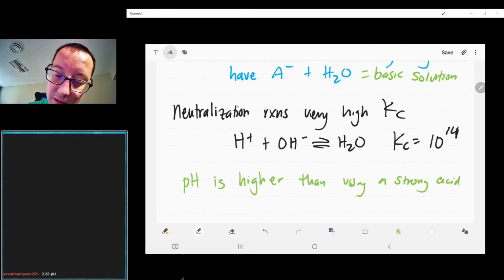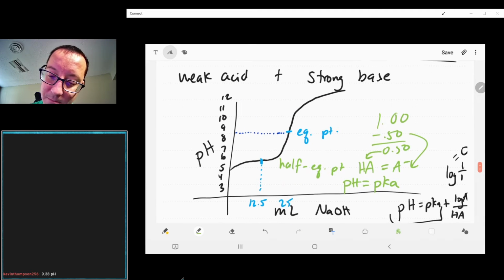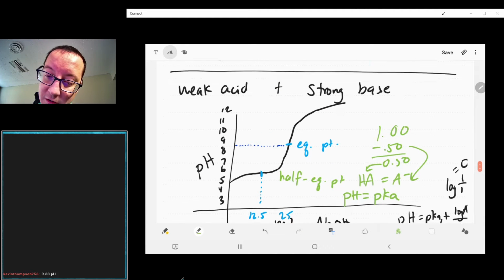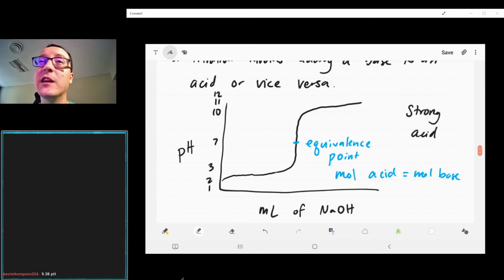So your initial pH, maybe we started with about 4 or 5 here. If we go way back, we started with a pH of 1 or 2 in our strong acid one.